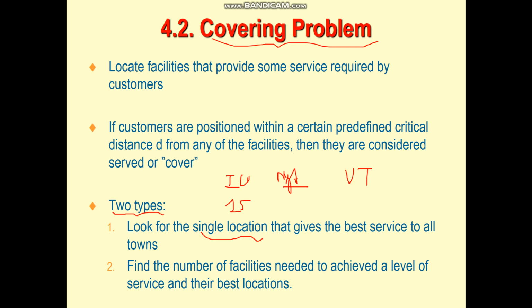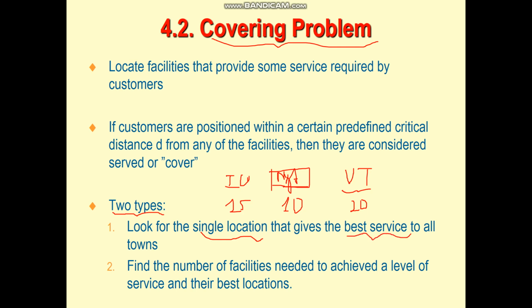If I locate in the University of Technology, the longest time the customer has to wait is 20 minutes. And if I locate my restaurant in the night market, the longest time the customers have to wait is 10 minutes. So I will choose to locate my restaurant in the night market. So that is the first type, where I look for the single location to give the best service.